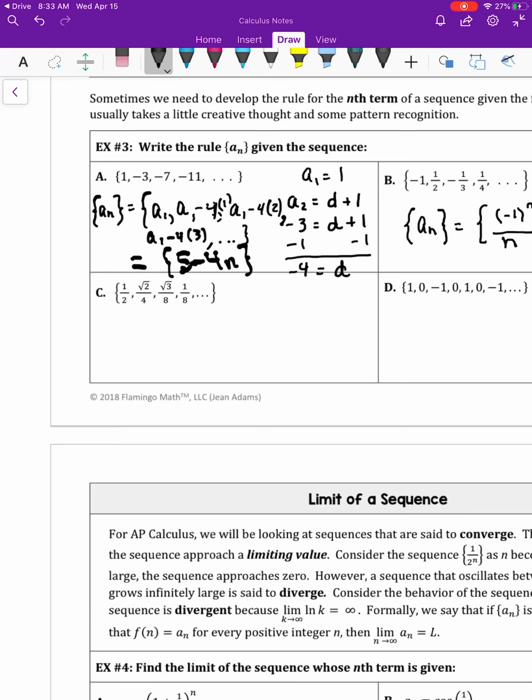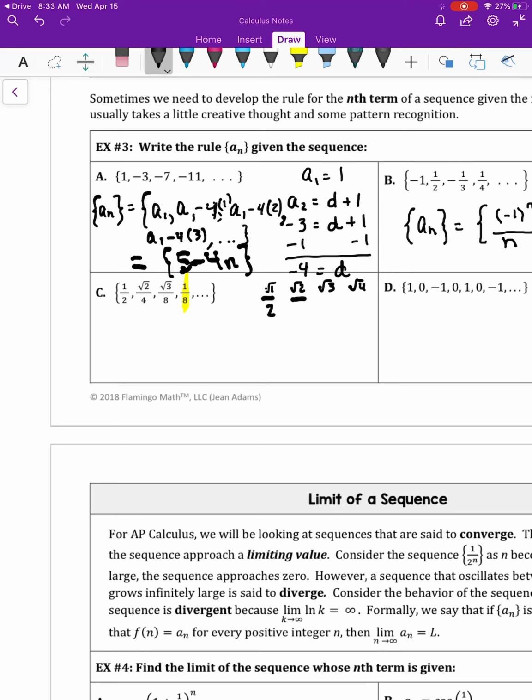Okay, part C. This one, the numerator's going 1, square root of 2, square root of 3, 1. Then the denominator is going 2, 4, 8, 8. Does anyone have the idea to change this one to an equivalent fraction?